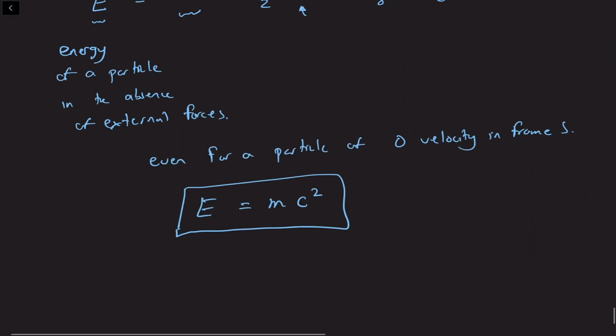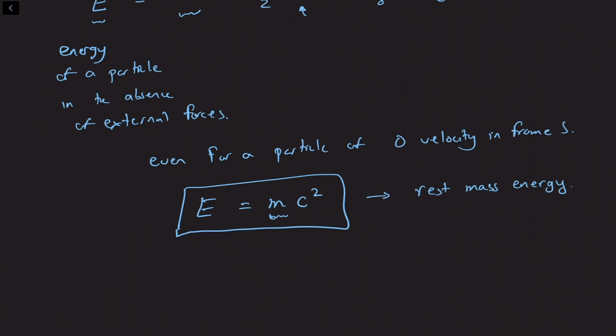So this is the most famous equation in the history of physics. E is equal to mc². This is called rest mass energy. What this equation is really telling us is that mass, or rest mass, the fact that particles just possess mass, is an indication that they have energy.